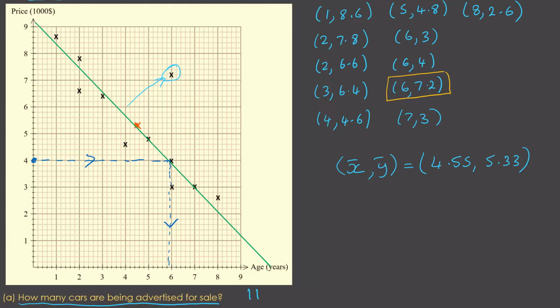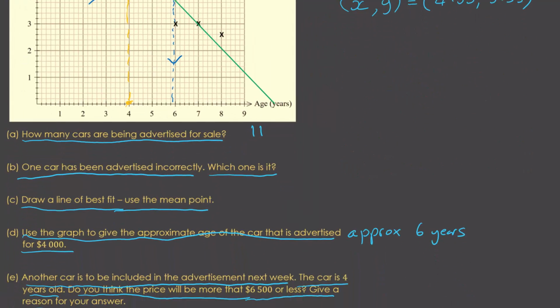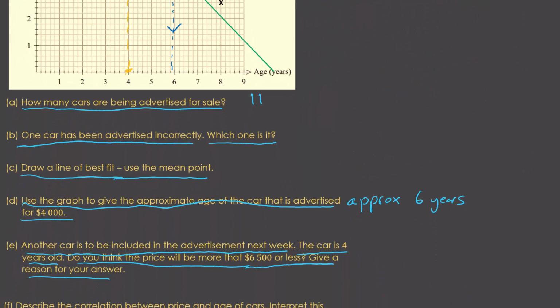So 4 years old, go up and across, and it looks like an average price we'd expect to be about 5,800. So they were asking us about 6,500. So I would expect it to be less than that. And just refer to the graph for your reason.